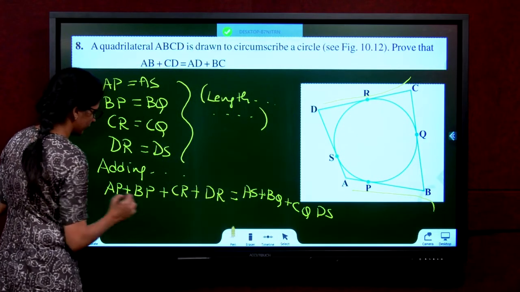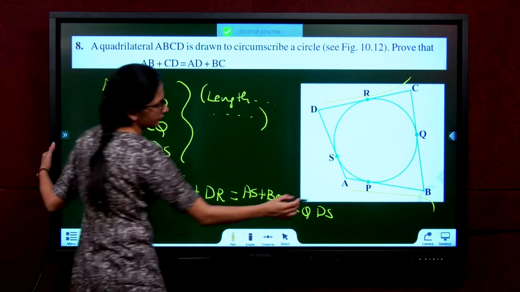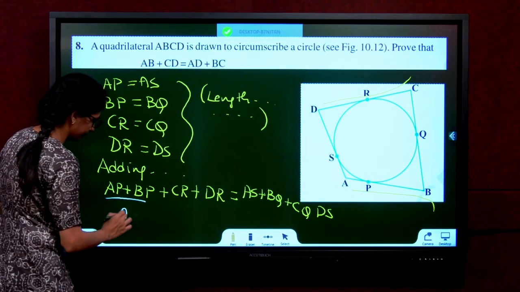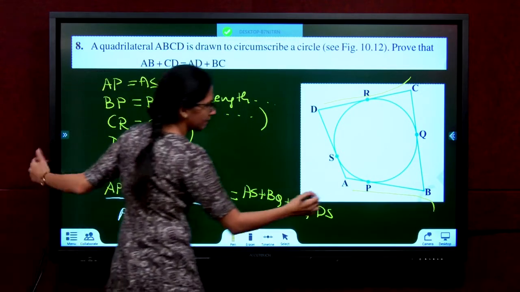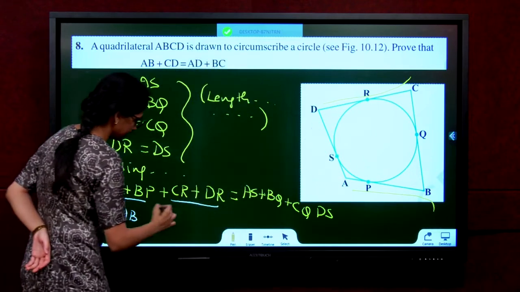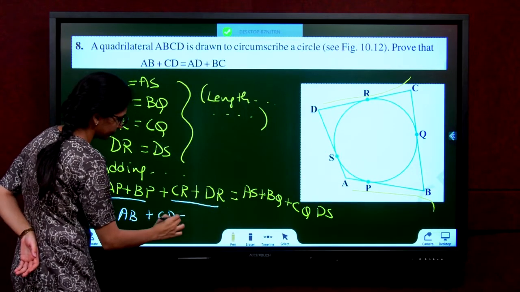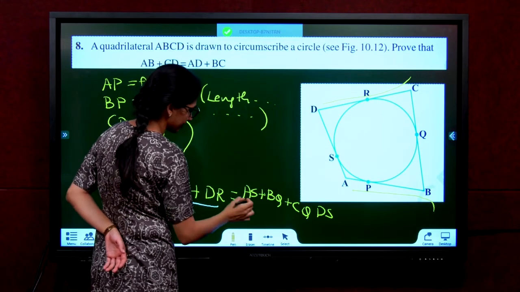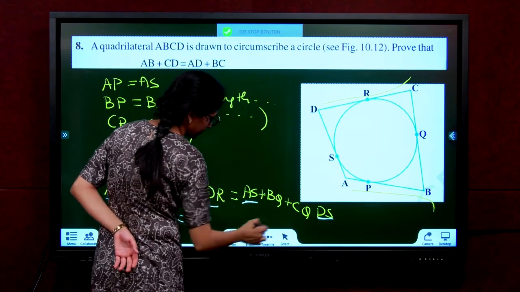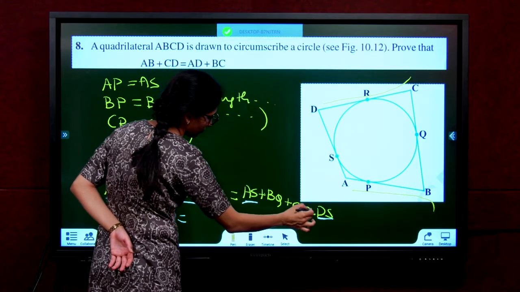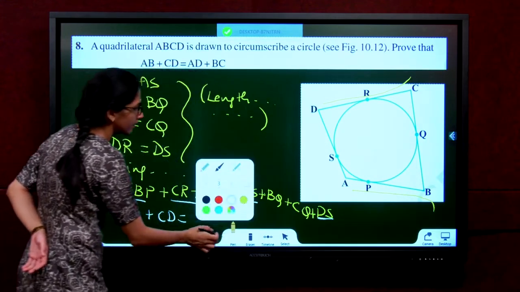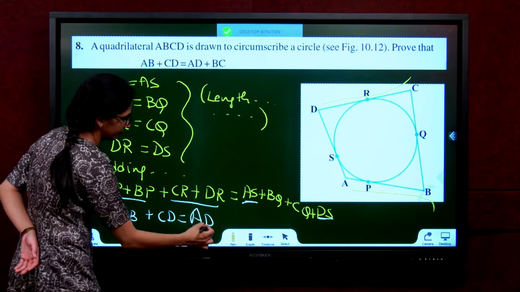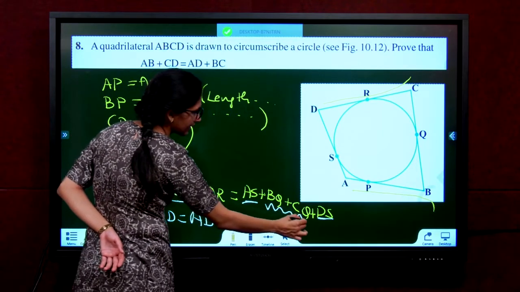Carefully observe. AP plus BP, AB. CR plus DR, CD. AS plus SD, so choose AS and SD, it gives you AD. The remaining sides left, BQ plus CQ, give us BC.